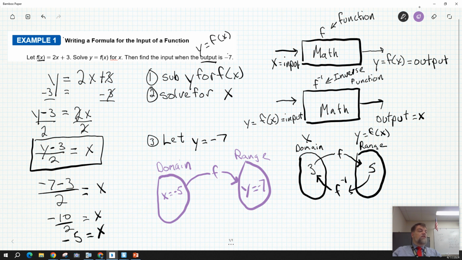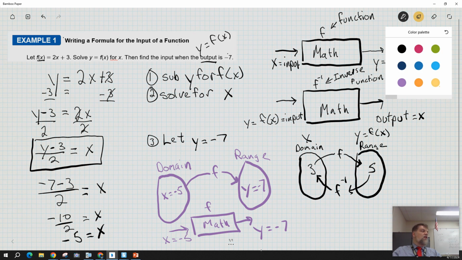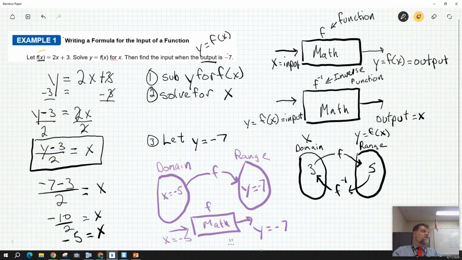But we did it backwards. Okay. Another way to write that would be I have x equals negative 5 goes into some function. The function does some math, and it spits out an output value of y equals negative 7. Because the relationship between these functions is this relationship.